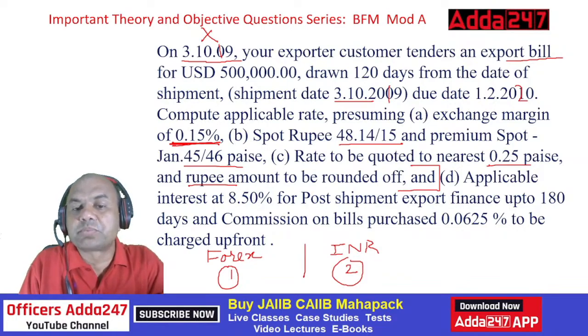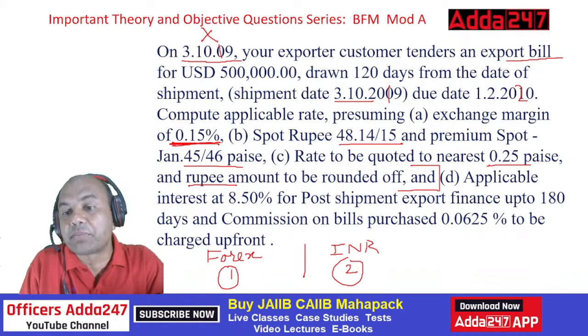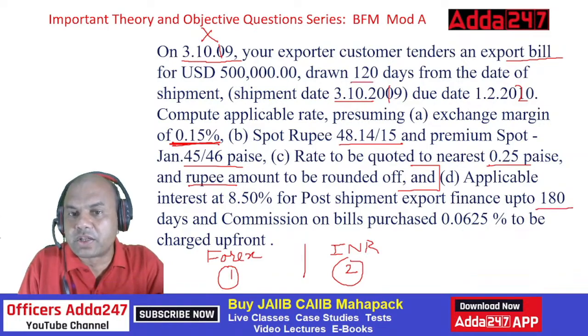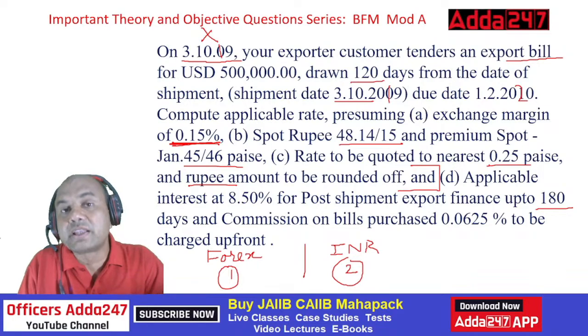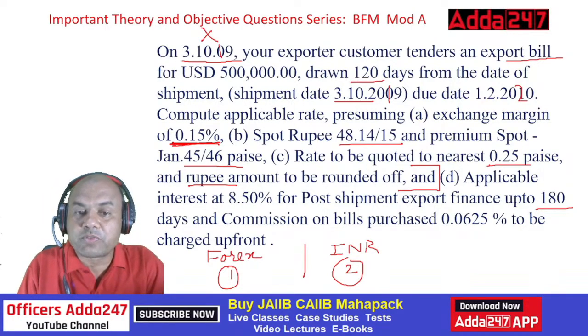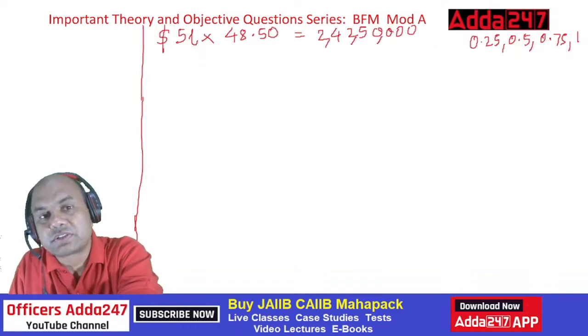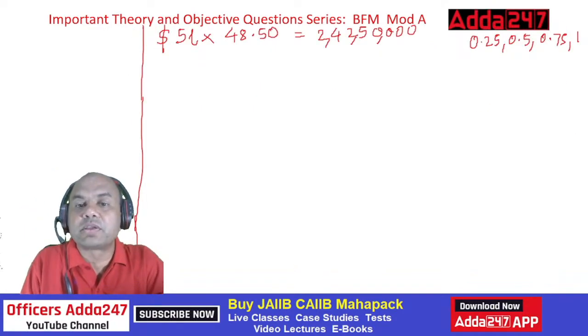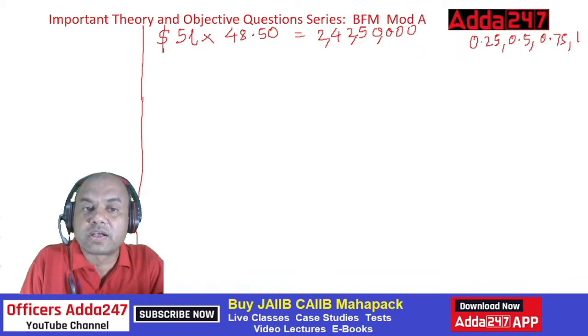Applicable interest rate is 8.5% for post shipment finance up to 180 days. Now what is the number of days of my finance? 120. So these are within 180. It is given up to. Up to means maximum. So I can use the same rate 8.5%. See this, this much is the financing I am giving. So what is the rate of interest? Interest I will be calculating.